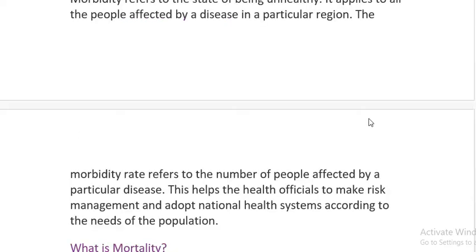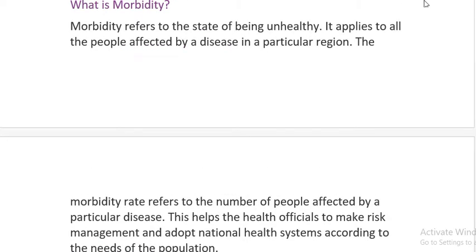For example, if we have corona, this becomes morbidity, meaning most of the people are affected by the coronavirus. Because of this morbidity, the government will initiate measures to decrease the deaths with this coronavirus.